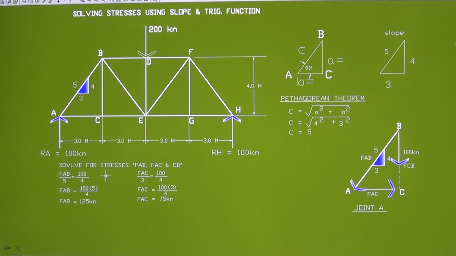So solving for stresses FAB, FAC, and FCB. The force AC and force AB.